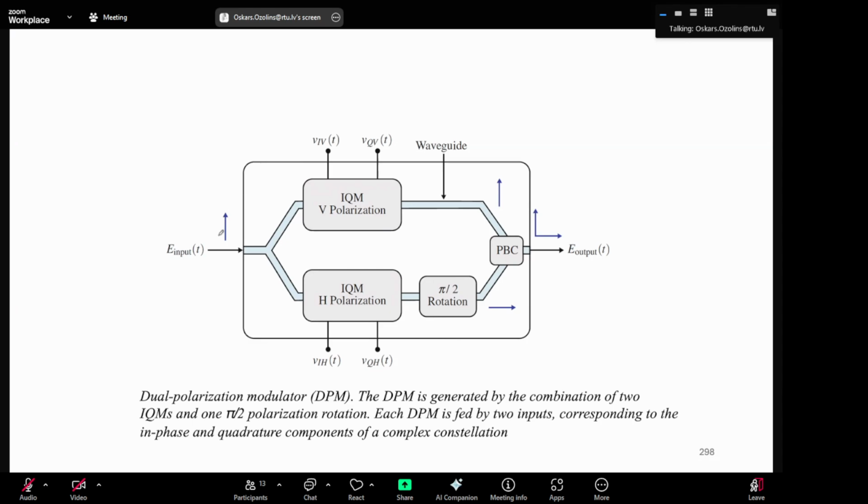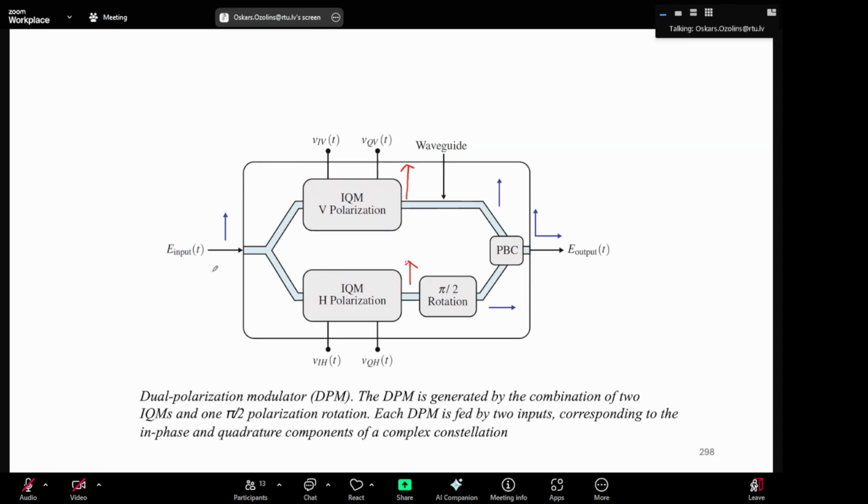So here, if you put this one here, then this polarization is like this, and only after this rotation you get polarization like this. Then you have two orthogonal polarizations at the output. It's also easier to design the transmitter if you can have two exactly the same IQ modulators here, and you can use the same laser.